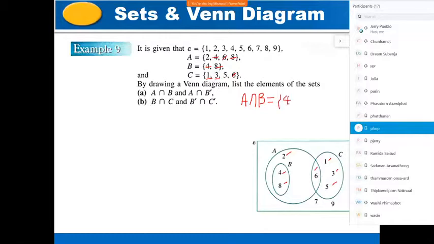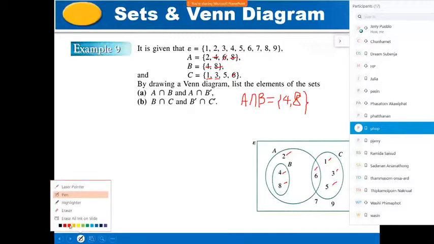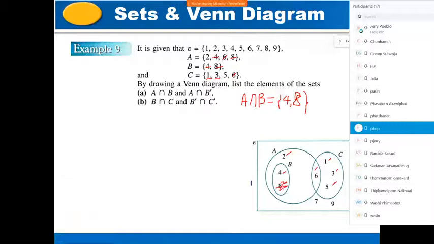We have 4 and 8. So I already have this element here. Next.